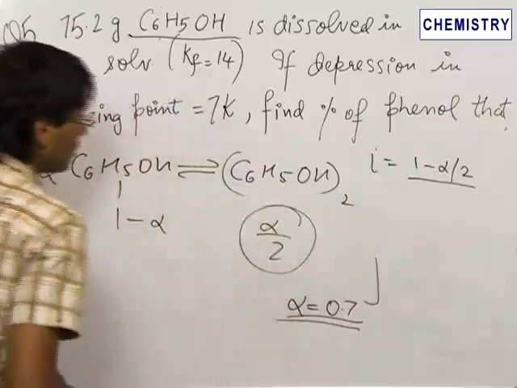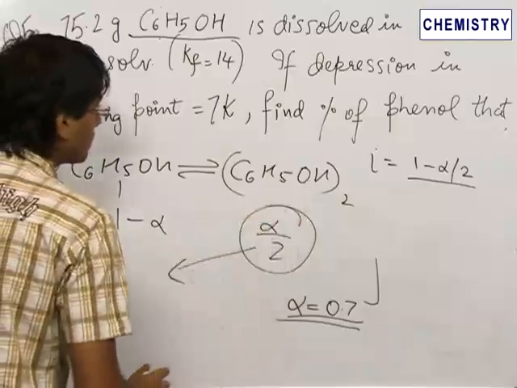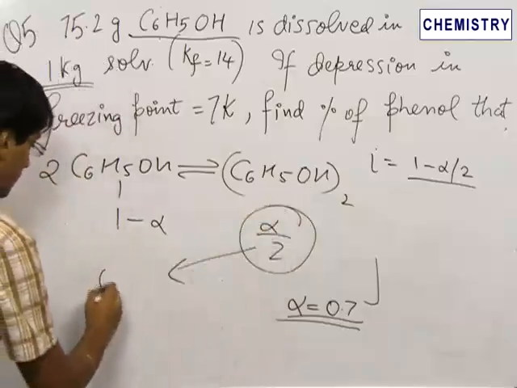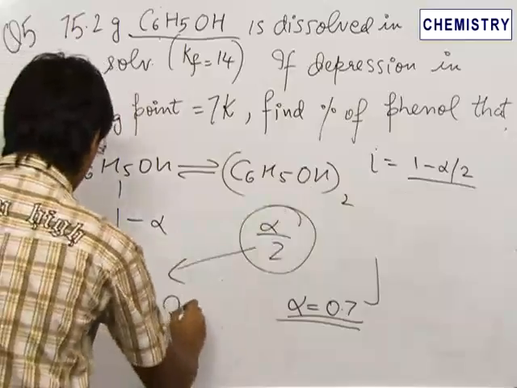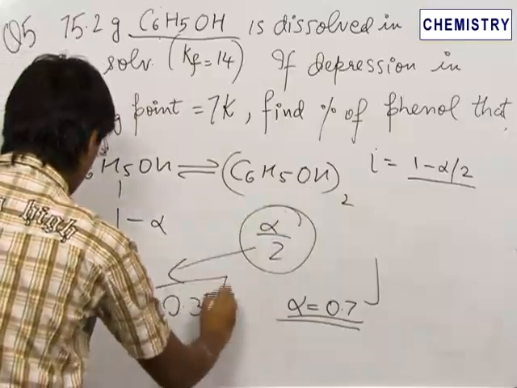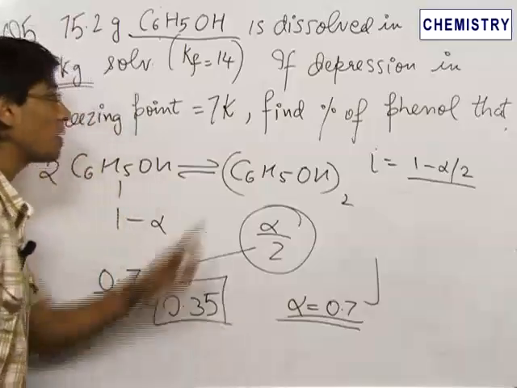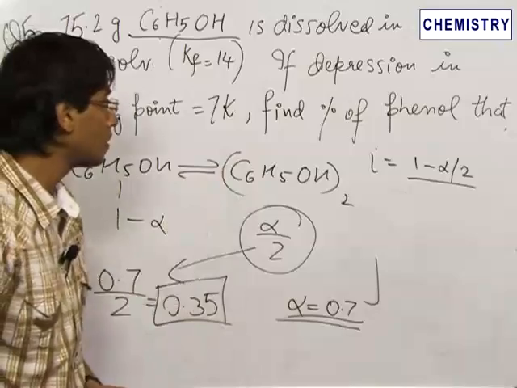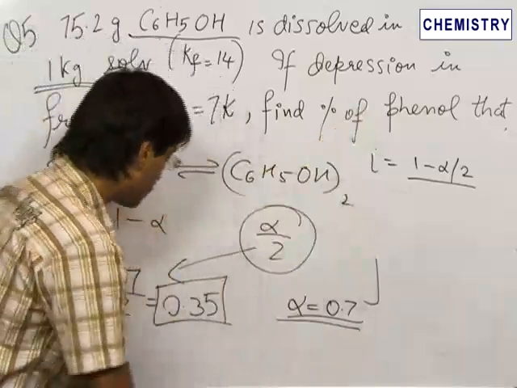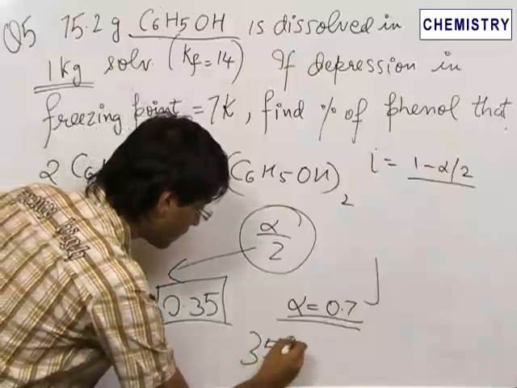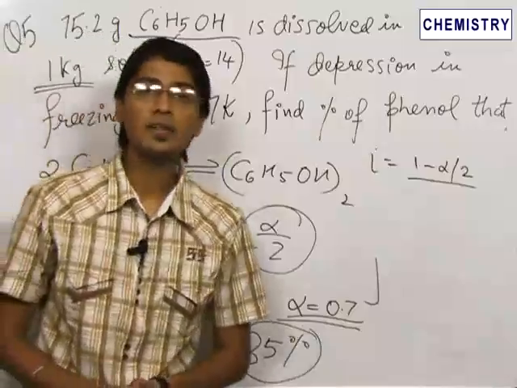So the number of moles of C6H5OH whole twice, or the dimer finally formed, is 0.7 by 2, which is equal to 0.35, and hence the percentage of phenol that has dimerized into the dimer is equal to 35%, which is our final answer.